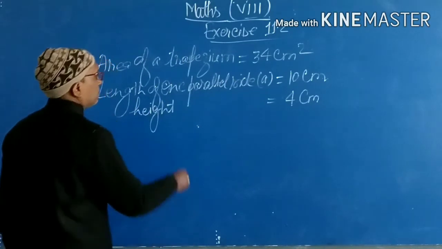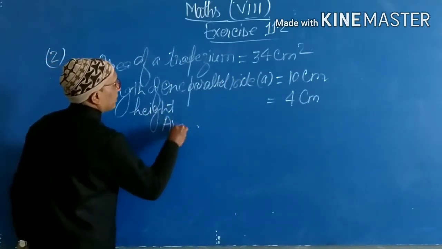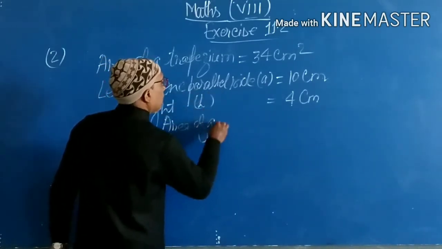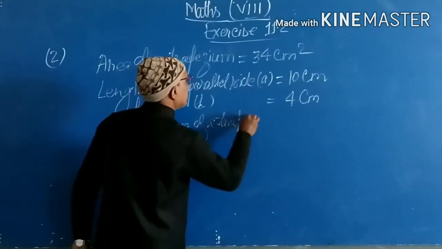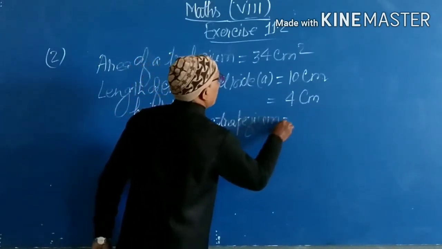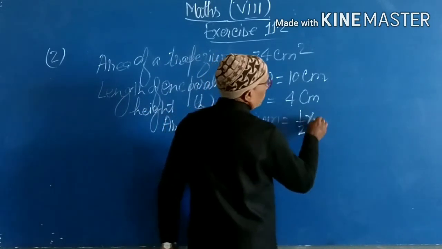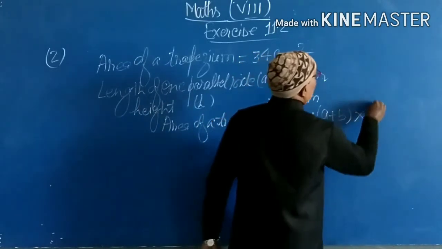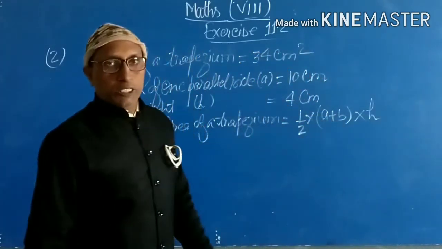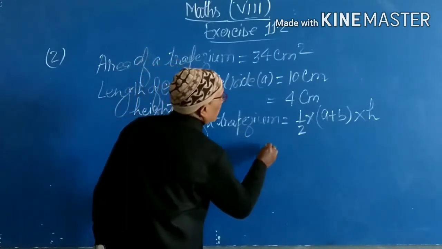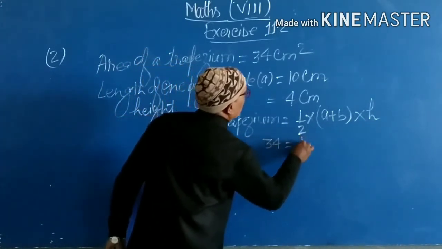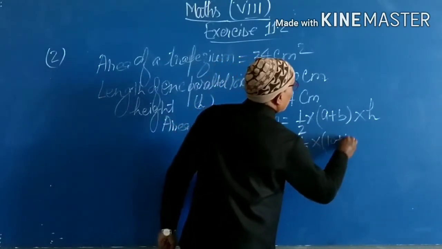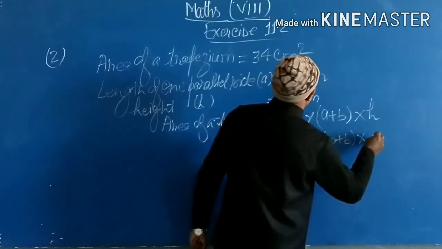You write down area of trapezium is equal to 1 upon 2 into sum of parallel sides, means A plus B, into distance between them, that is H. You write down area of trapezium 34 is equal to 1 upon 2 into A is 10 plus B into 4.